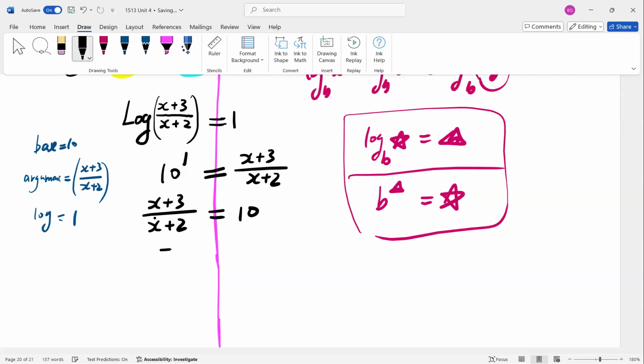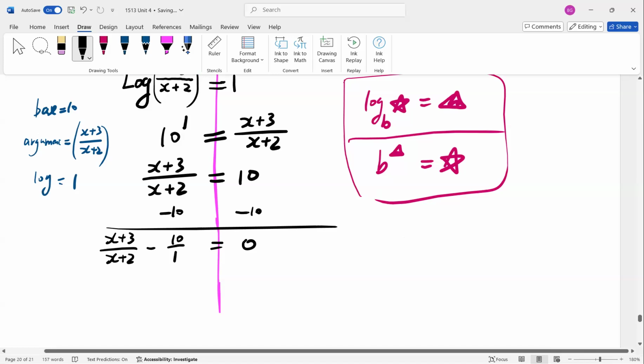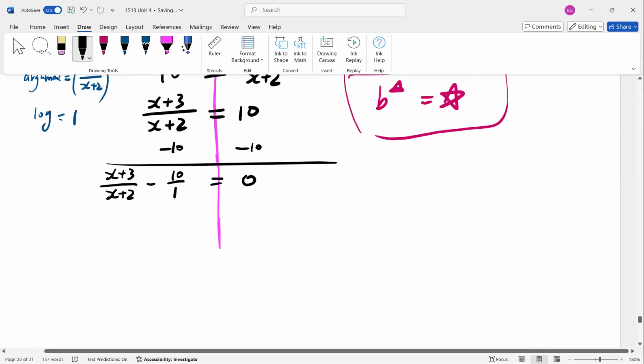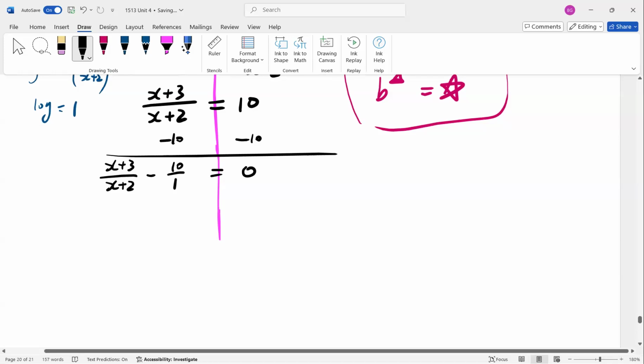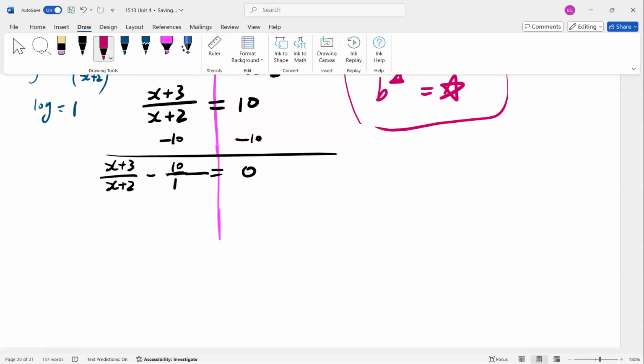And we want to subtract 10 from each side. We want to isolate the right side as 0. Then we have x plus 3 over x plus 2 minus 10. I'm going to write 10 as 10 over 1, right? So we have x plus 3 over x plus 2 minus 10 over 1 equals 0 on the right side. And the 10 over 1, I'm going to rewrite by multiplying by x plus 2 over x plus 2.